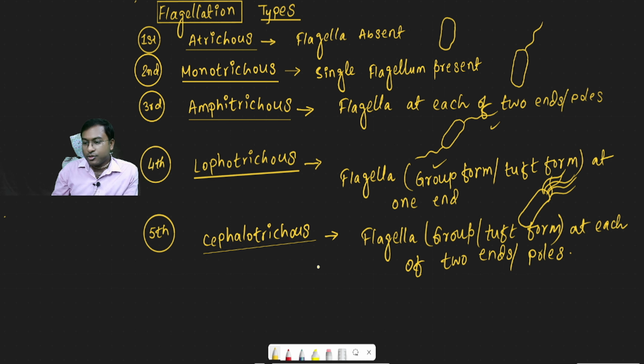So within the two ends, a group of flagella is present. That's why a group or tuft of flagella is present at each of the two ends or poles. This type is known as cephalotrichous.